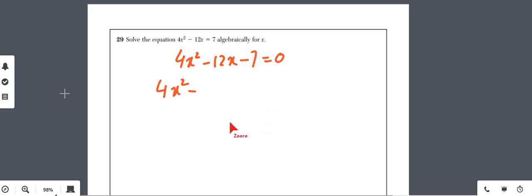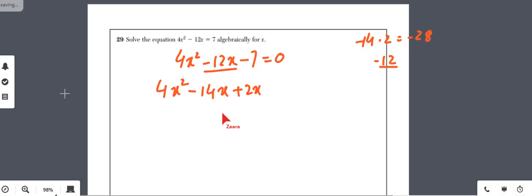Negative 14 times 2 will give me negative 28, and on addition they will give me negative 12, right? So I am breaking this into 4x squared minus 14x plus 2x minus 7, equals 0.